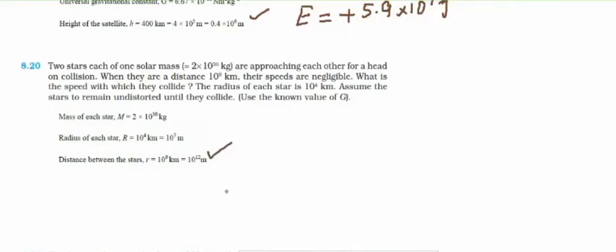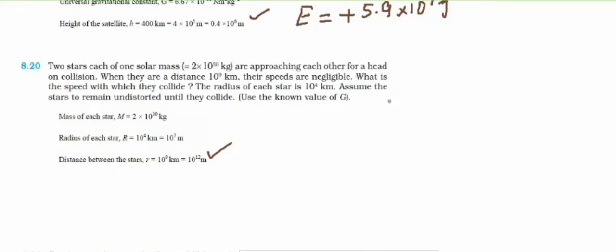That time their speeds are negligible, their kinetic energy is 0. What is the speed with which they collide? The radius of each star is given, 10 power 4 kilometer.